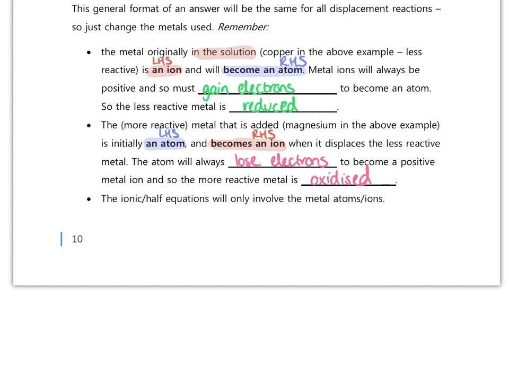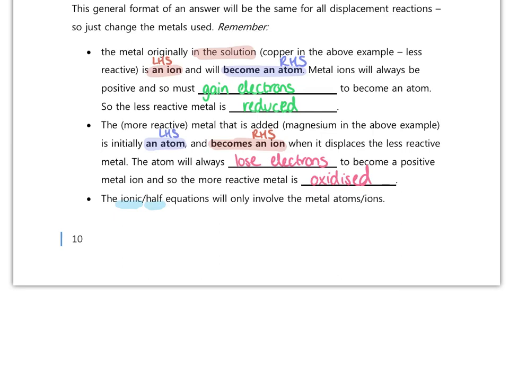And just be careful, sometimes the questions are phrased as ionic equations, but really they should be called half equations. If the question in the exam says write ionic equations to demonstrate this, you need to remember that essentially that means a half equation, just involving the metals.